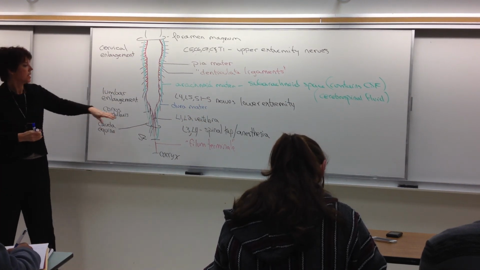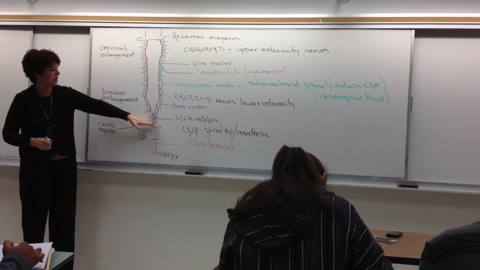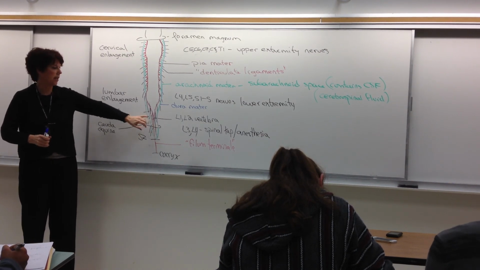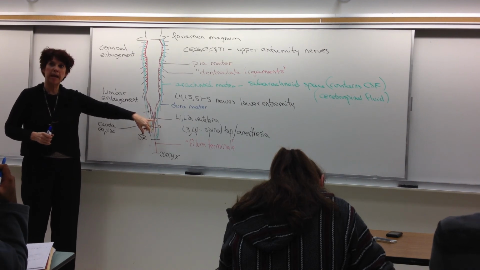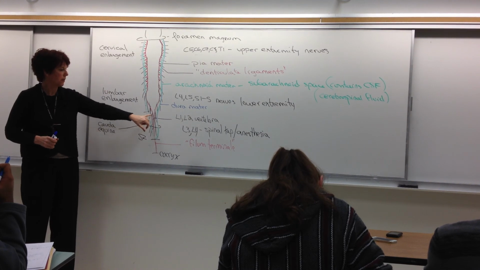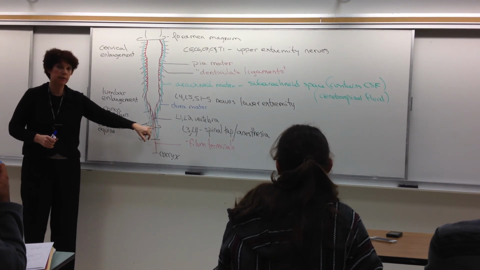So when spinal fluid is drawn or anesthesia is given, it's in this space right here, in the dural sac right here. So both the dura and the arachnoid mater are penetrated, and then you're in the cerebrospinal fluid because the pia mater is only this thin strand.